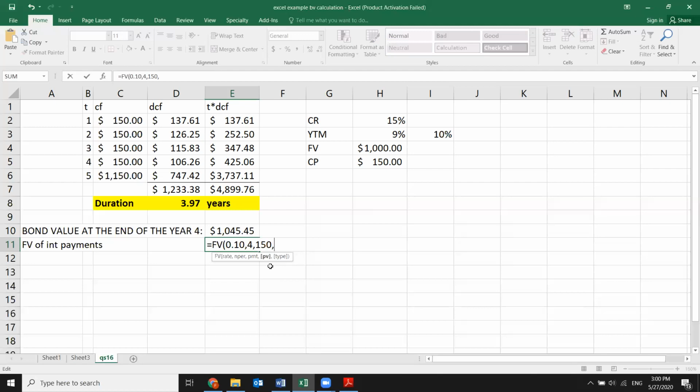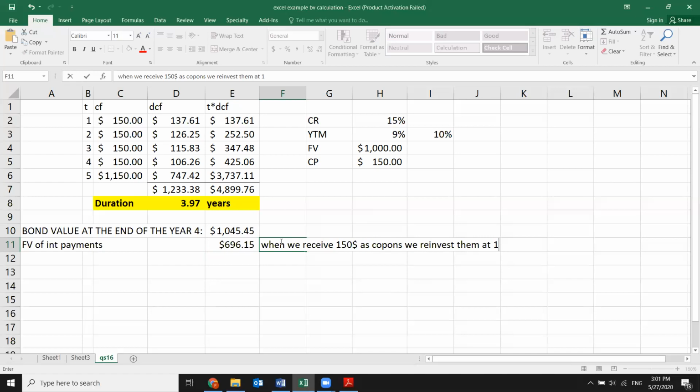Okay, and the present value in here, we are assuming that it's 0. Yes. And I put a minus sign here. So this is what we get, the future value of the investment. So this number means, guys, that when we receive $150 as coupon payments, we reinvest them at 10%.